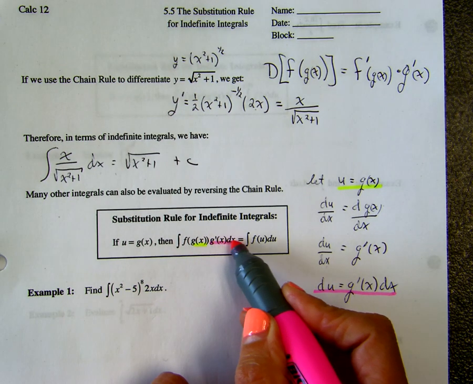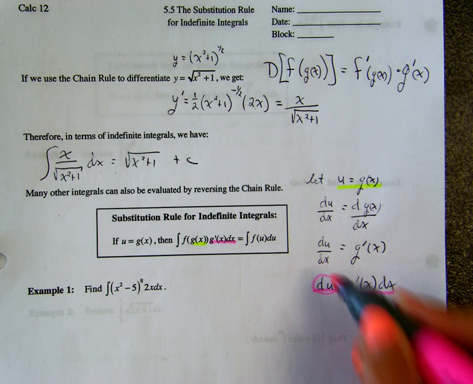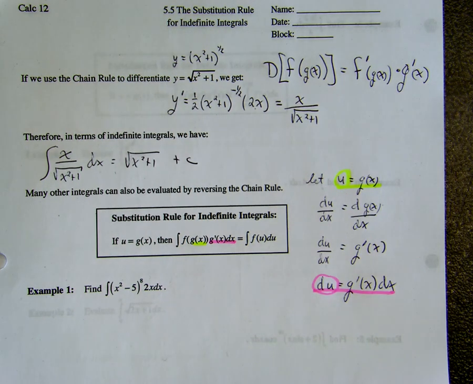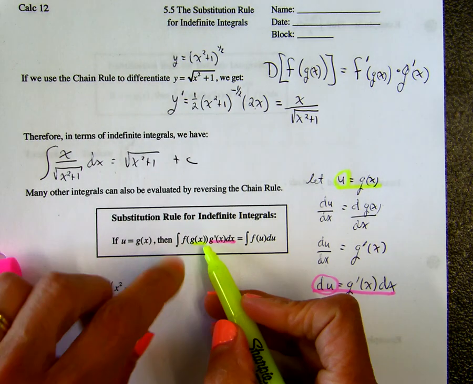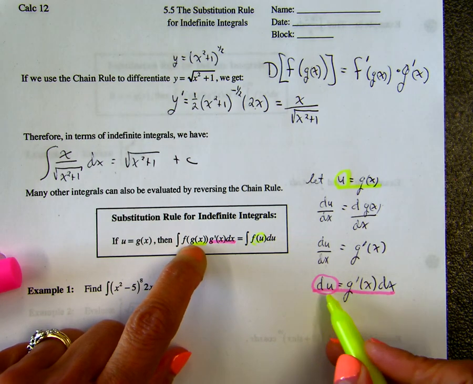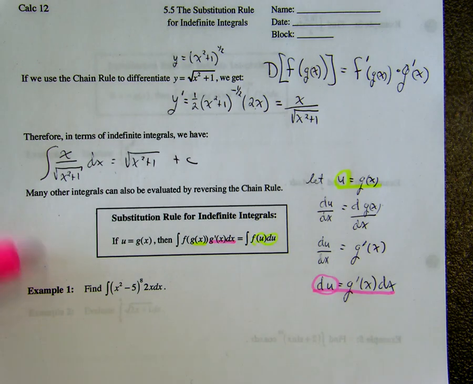So g prime of x dx gets replaced by du. g of x gets replaced with u. So instead of f composed of g of x, I've got f composed of u. Instead of g prime of x dx, I have du. Okay, so take a minute and look that over.